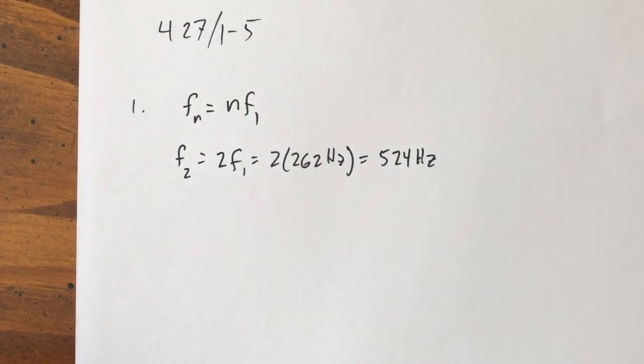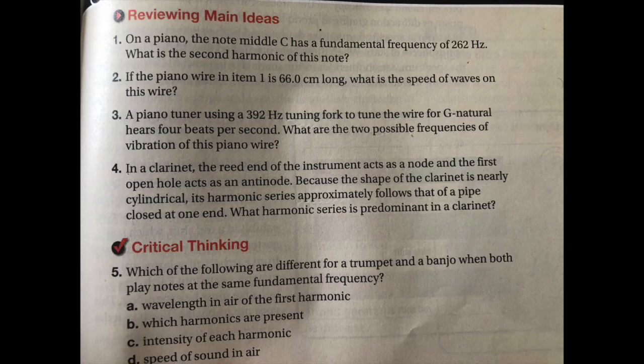All right, number 2 is finding the speed of sound in a wire. That's just like number 4 on the previous problems I was just doing. Number 3, a piano tuner using a 392 hertz tuning fork to tune the wire for G natural hears 4 beats per second. What are the 2 possible frequencies of vibration of this piano wire?